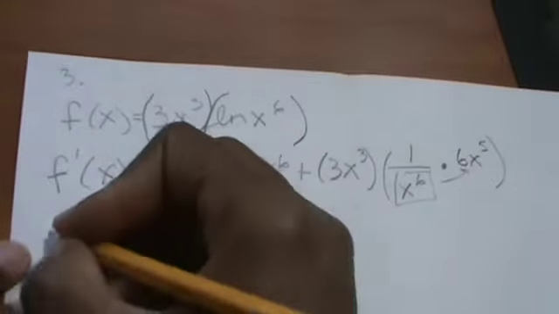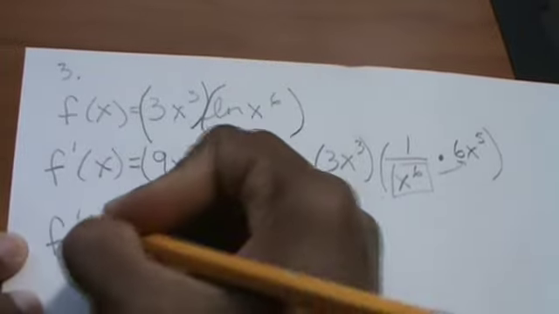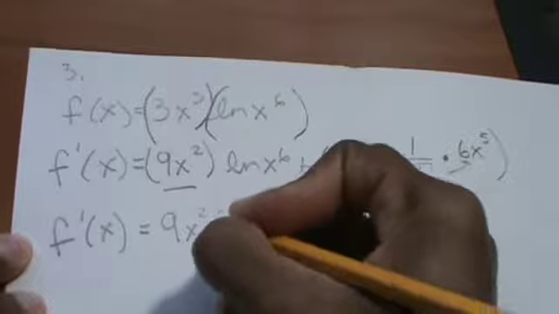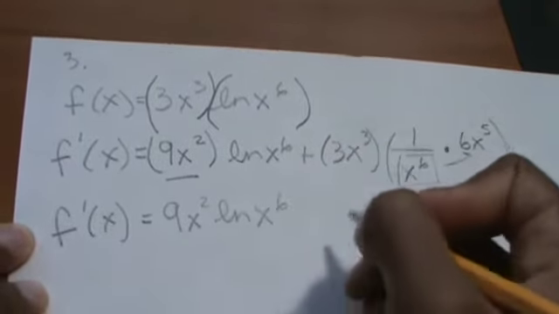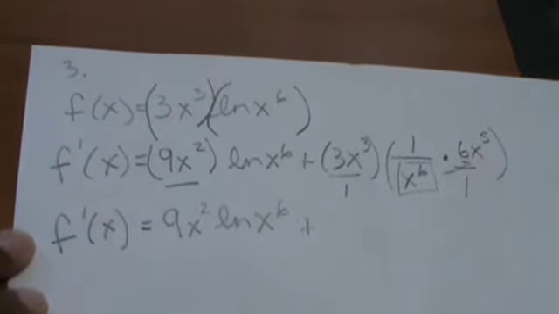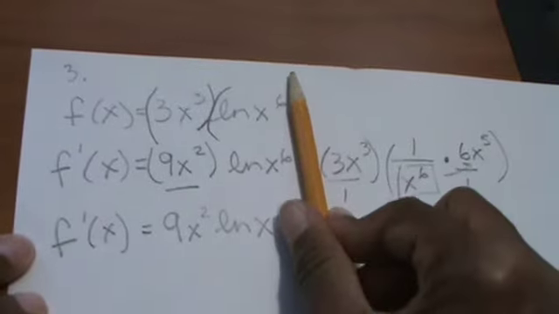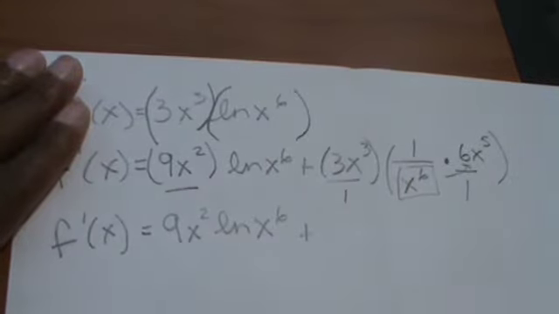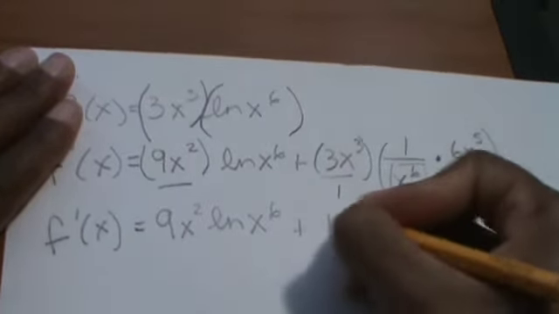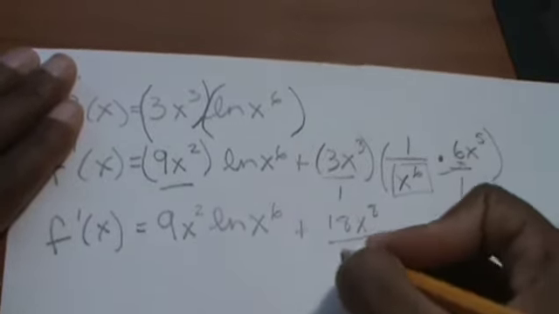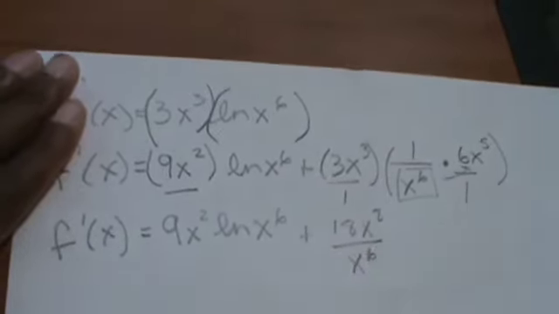Alright, so of course you can simplify that. F prime of x then equals 9x squared, the natural log of x to the 6th, plus, let's put this over 1, put this over 1. Again, there is a wall right here, but this should combine for one chunk of information. So you get 18x to the 8th, and down here you get x to the 6th power.